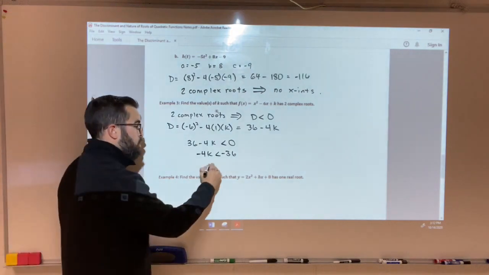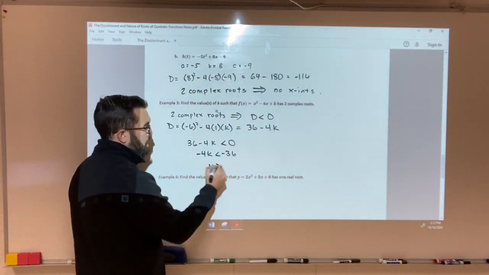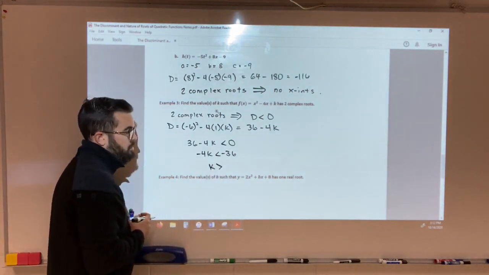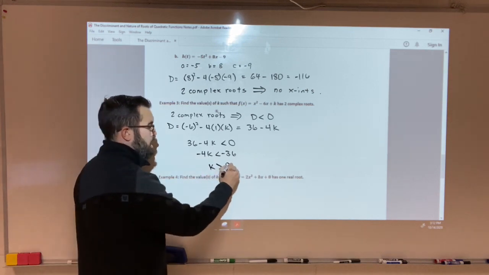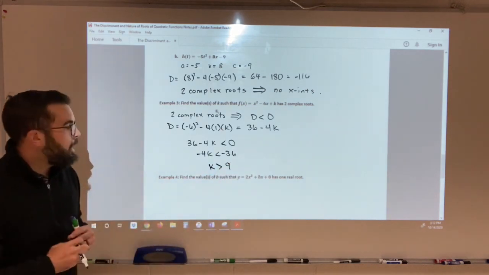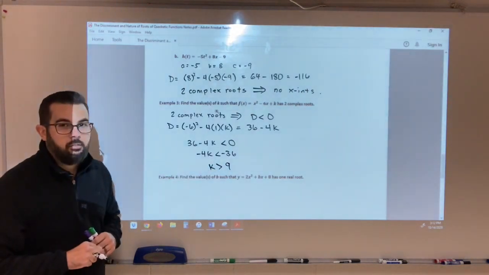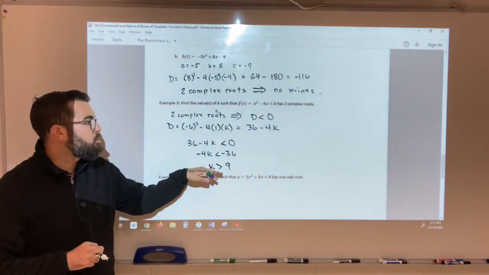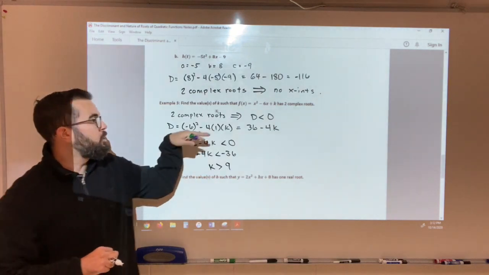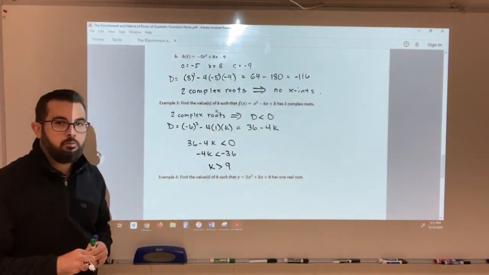Divide by -4, which, dividing by a negative flips the inequality, and we get that k has to be greater than 9. So any value for k that is greater than 9 is going to produce a function that has two complex roots.